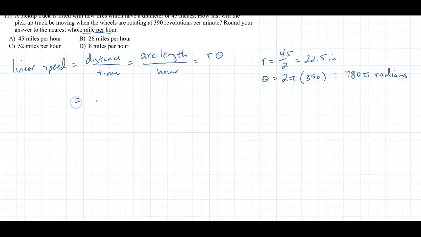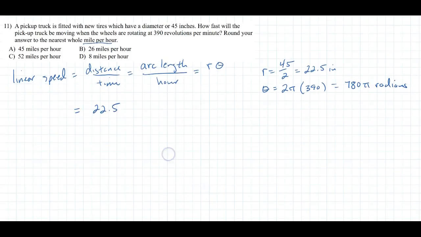So my linear speed is 22.5 inches times 780 pi radians divided by 1 minute.